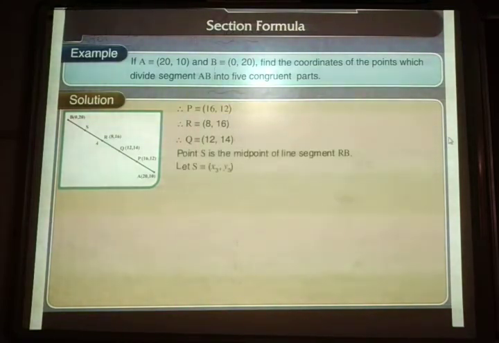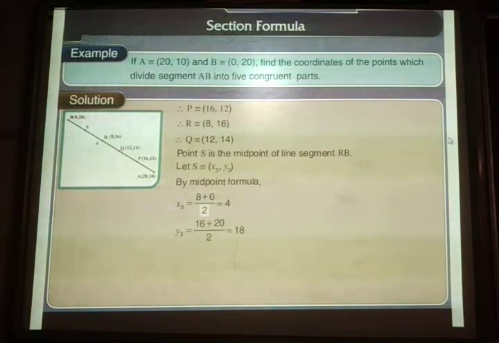Let the coordinates of point S be x3, y3. Since point S is the midpoint of line segment RB, by midpoint formula, x3 is equal to (8 plus 0) upon 2 and y3 is equal to (16 plus 20) upon 2.